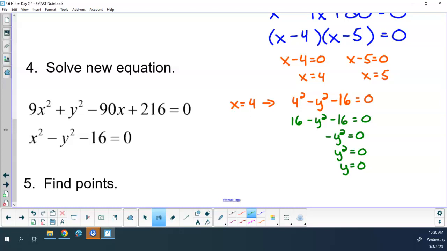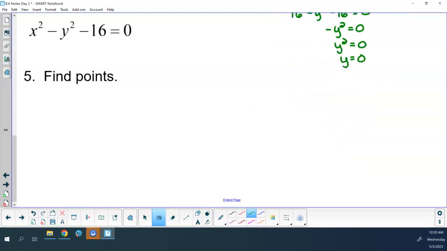Then you've got to do 5. So you would get 5 squared minus y squared minus 16 equals 0. 5 squared is 25. 25 minus 16, 9.